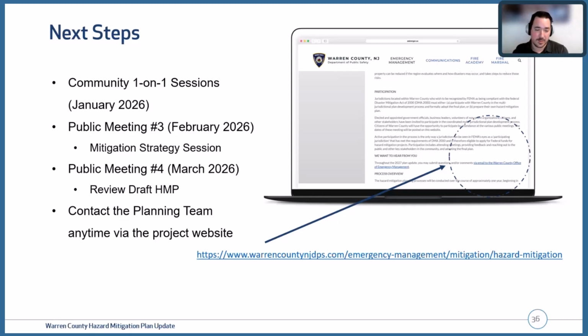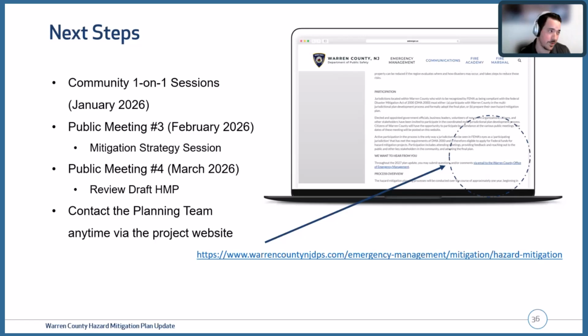If you want to contact the planning team, the first thing you want to do is reach out to your community. If you go to the county website, which is available here, there's a hazard mitigation plan section. There's an email in there that you could write to. You'll be reaching out to Diane, who's supporting the project management side of this, along with Dennis.